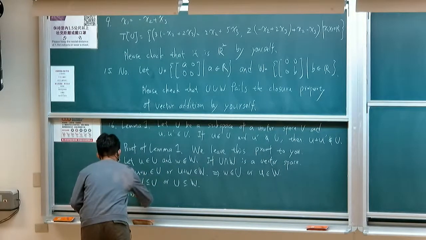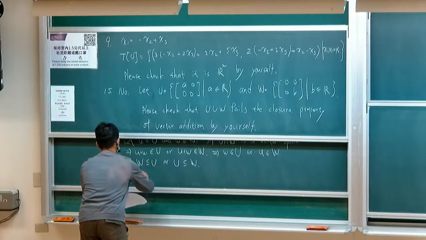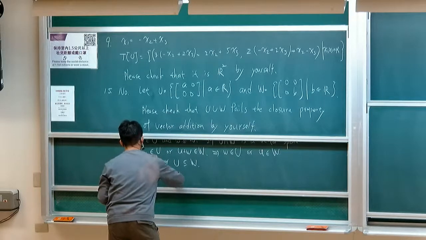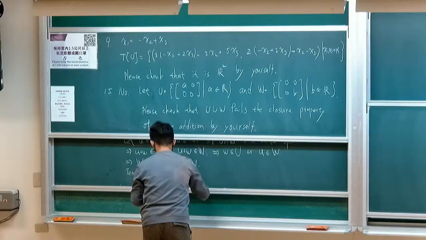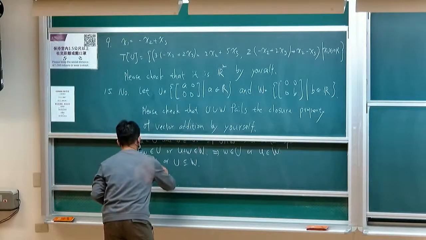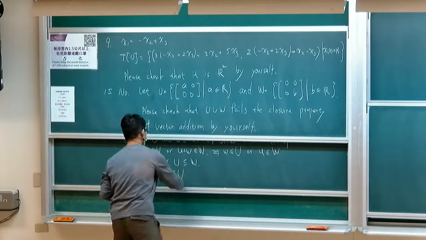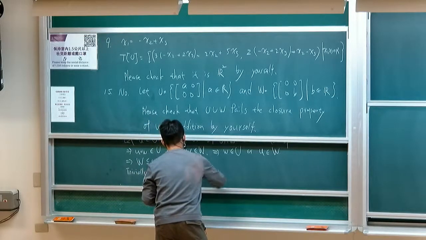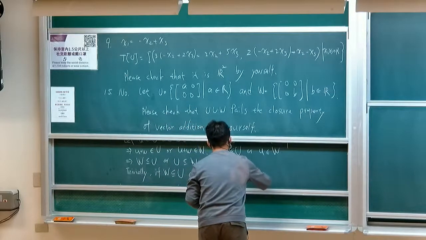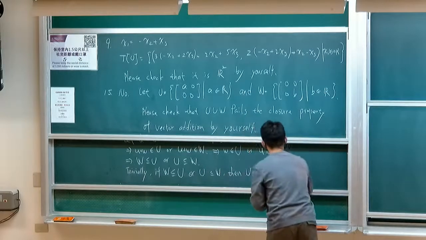Trivially, if W is a subset of U, or U is a subset of W, then the union of U and W is either U or W. So it is also a vector space.